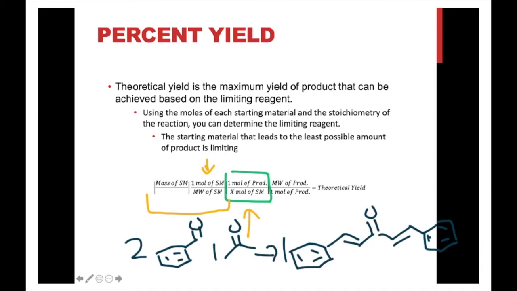So if we were looking to do the theoretical yield of this aldehyde, in the green box, it'd be 1 mole of product, right? And 2 moles of the aldehyde starting material, right? So that's where you put in the number you get from looking at the reaction and figuring out what your mole-to-mole ratio is. So that's where that's important.